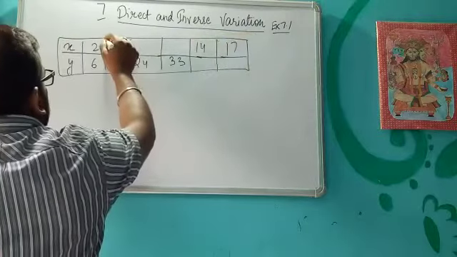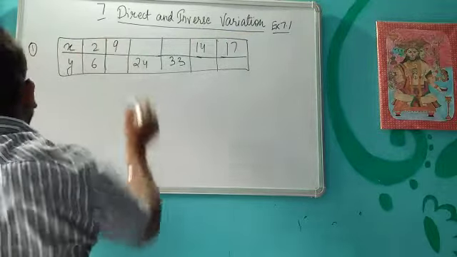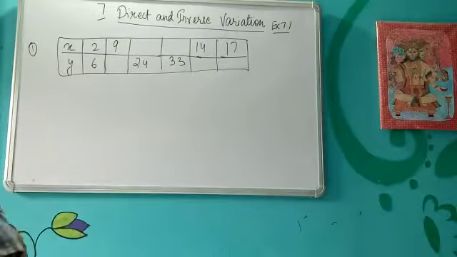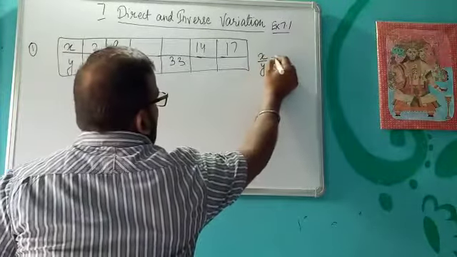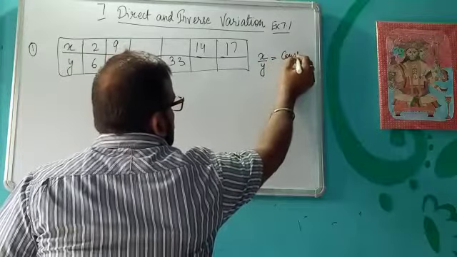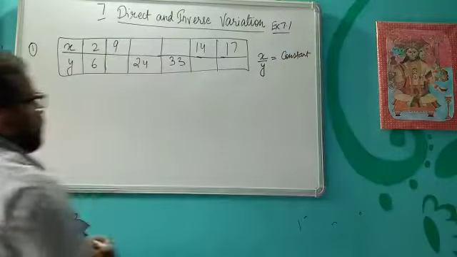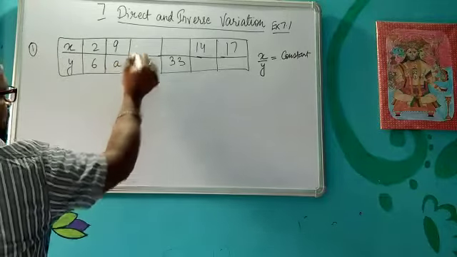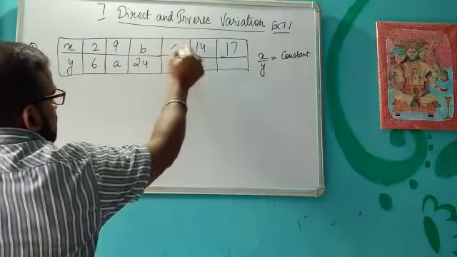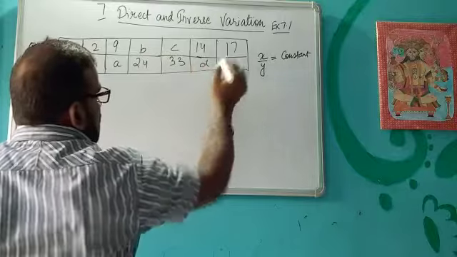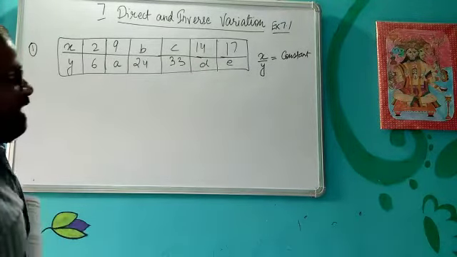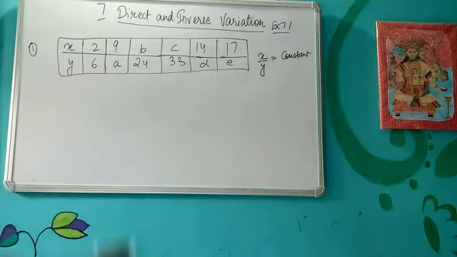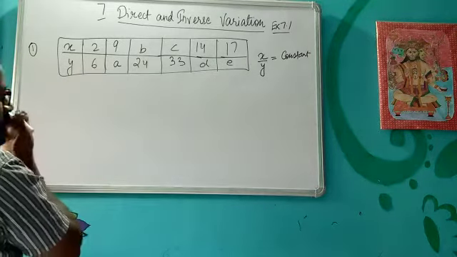It is given that x varies directly as y. That means x upon y is constant. So let's insert a few variables. Let this be a, this is b, this is c, let it be d and e. Since x is varying directly as y, how can we solve that?